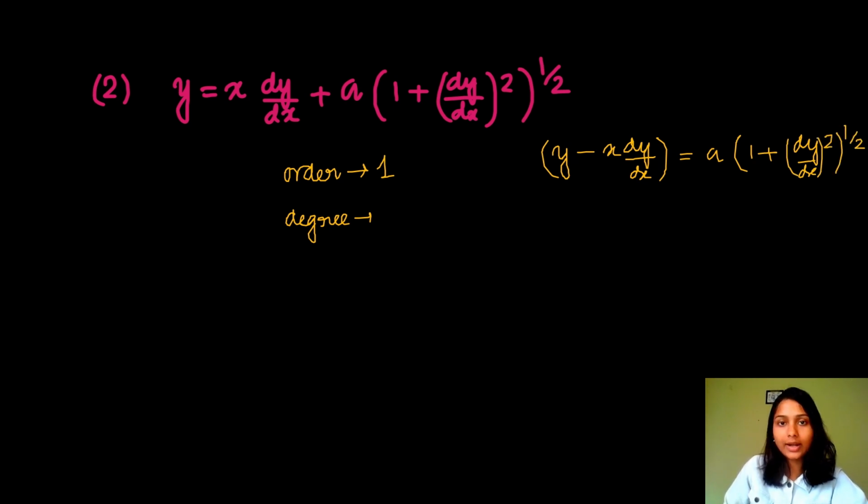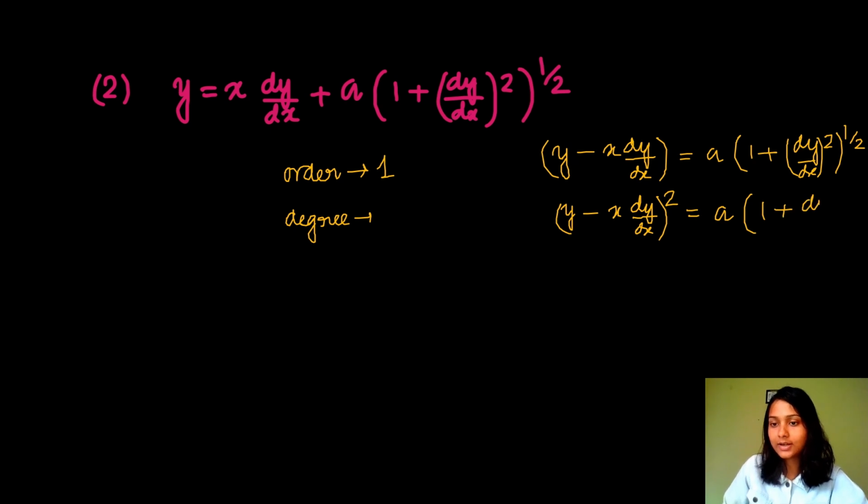So if we square both sides, we will get (dy/dx) square equals a square into (1 plus (dy/dx) square).